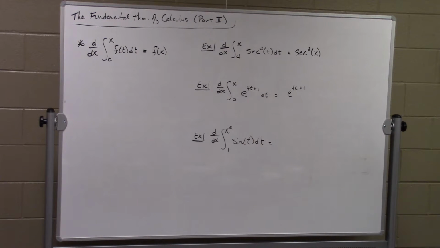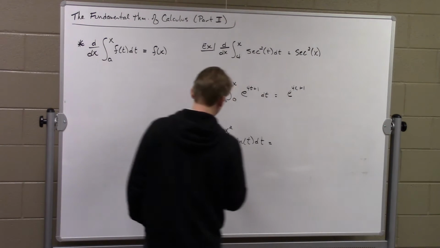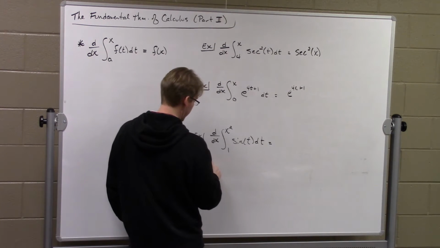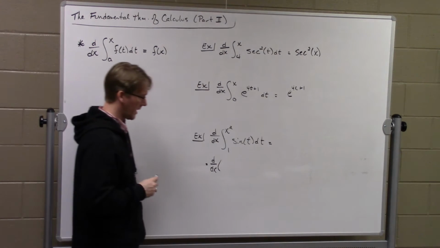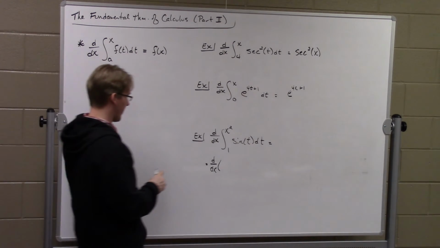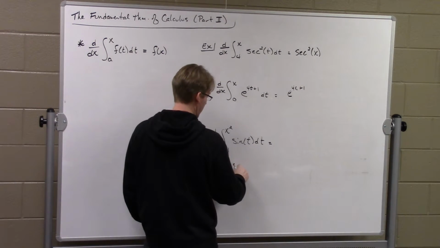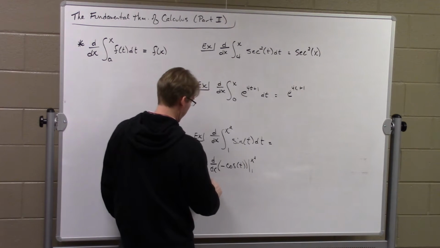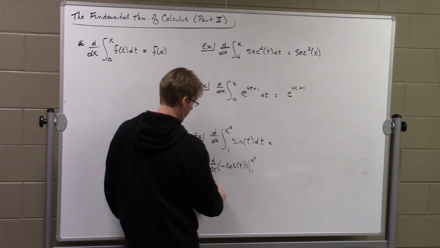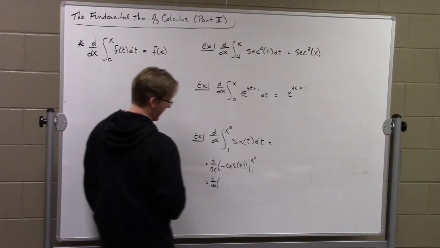Let's prove it. Antiderivative. What is the antiderivative of sine? Negative cosine. Alrighty. Plug in x squared.